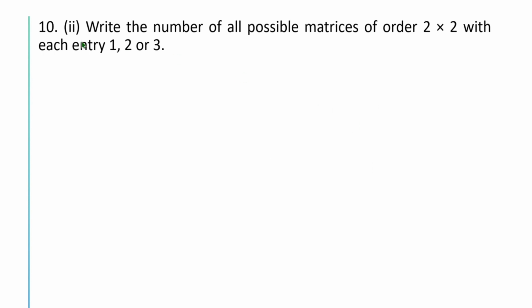Next question, write the number of all possible matrices of order 2 by 2 with each entry 1, 2 or 3. So if we take a 2 by 2 matrix, it will have 4 elements, and each of these elements can be arranged in 3 ways, 1, 2 or 3. So here we have 3 ways, that is 1, 2 or 3. Then here 3 ways.